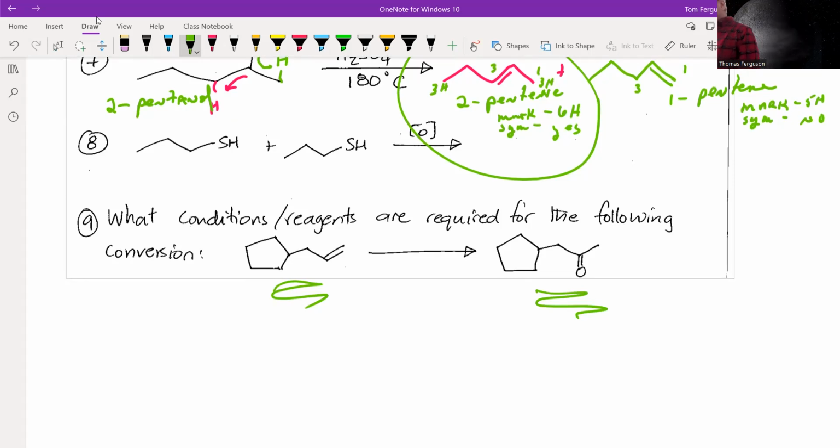So that means we have an intermediate compound of a secondary alcohol. Now, can we make an alcohol from an alkene? We do it by adding water and an acid. So let's start, okay?